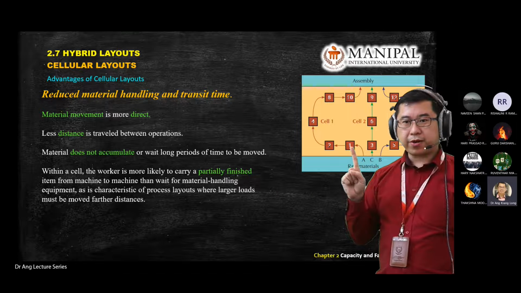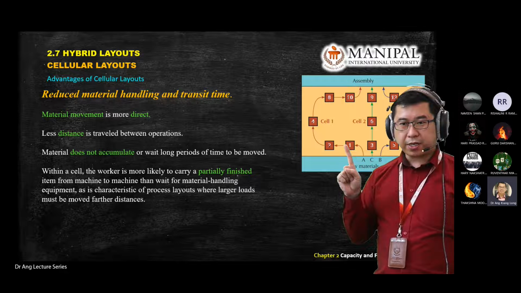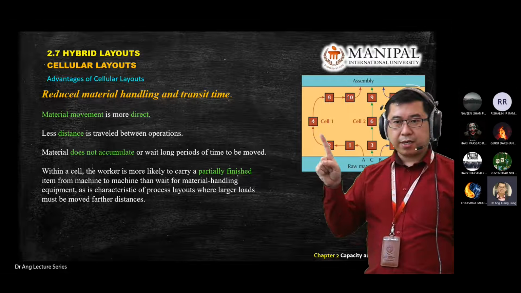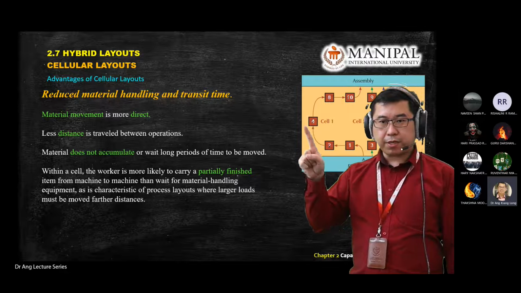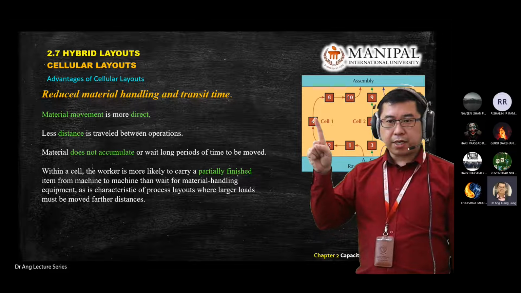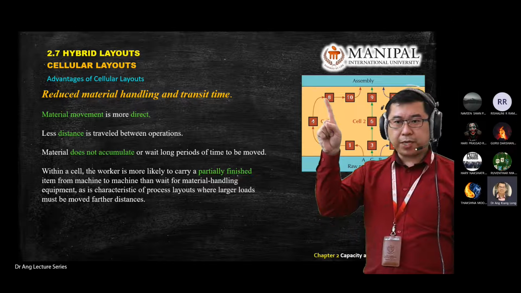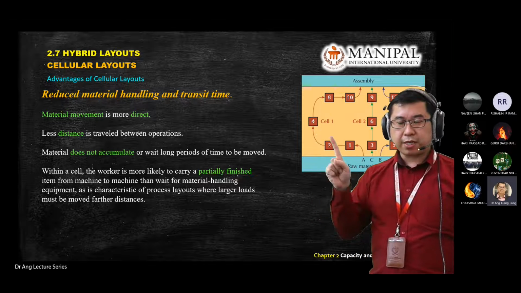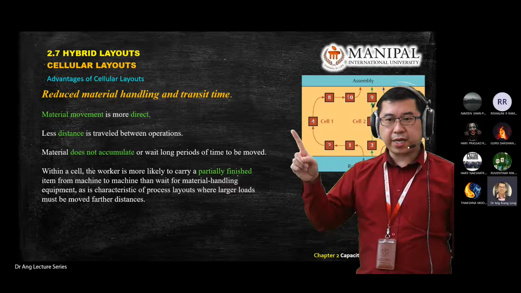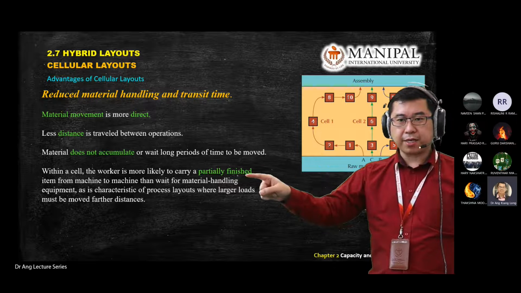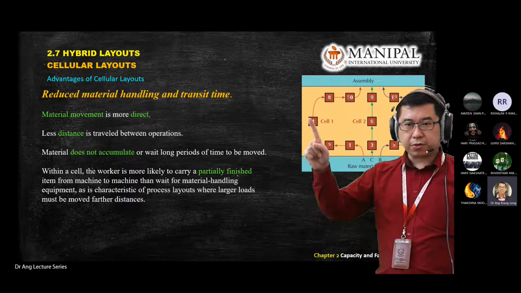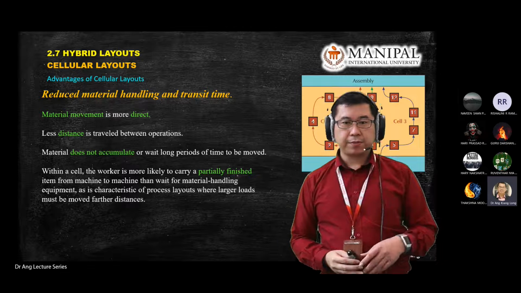So you carry the machine 1 product, after you use machine 1, you carry it to this machine, and then it will go to maybe this machine. So the part that the worker is holding is the partial assembly or partial finish in this process.